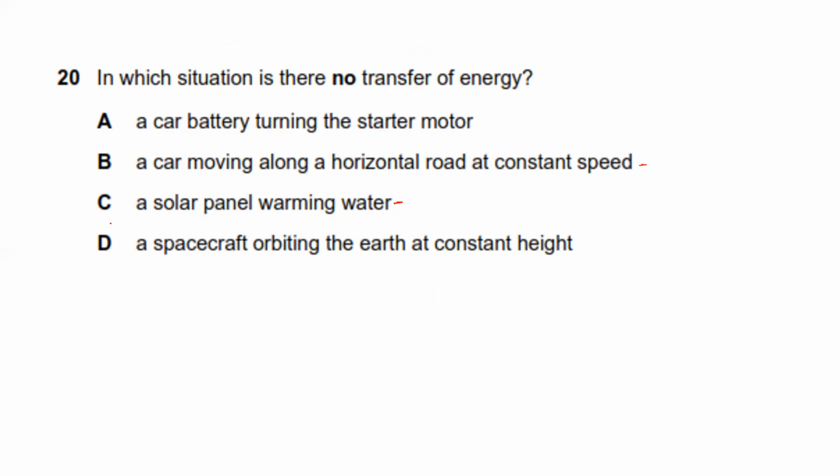So answer D is the right choice because the spacecraft is traveling in a circular path and there is no transfer of energy because there is no work done while traveling in a circular path, at constant height. The work done or the energy is zero. There's no transfer of energy.